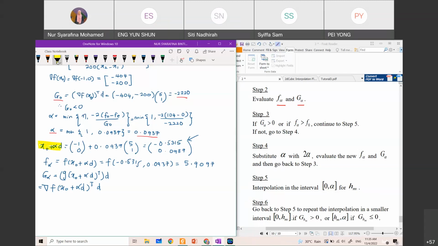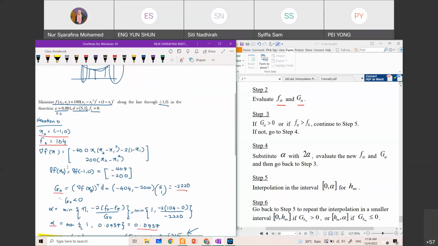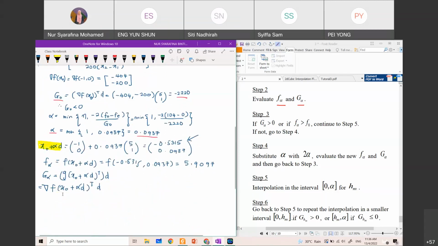Then in order to get the derivative, just use this negative delta f of x here. This is your delta f. Just substitute your x here with x0 plus alpha d. Okay, clear now? Any question?